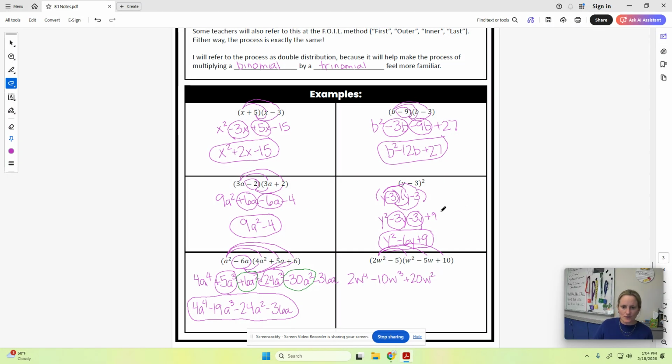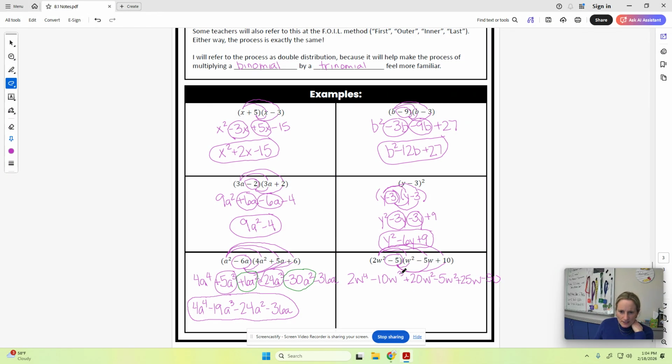So we distributed the first term. Now we're going to go back and we're going to distribute a negative 5. So negative 5 times w squared, negative 5w squared. This is a negative times a negative for the 5, so this is going to become positive 25w. And negative 5 times 10 is negative 50.